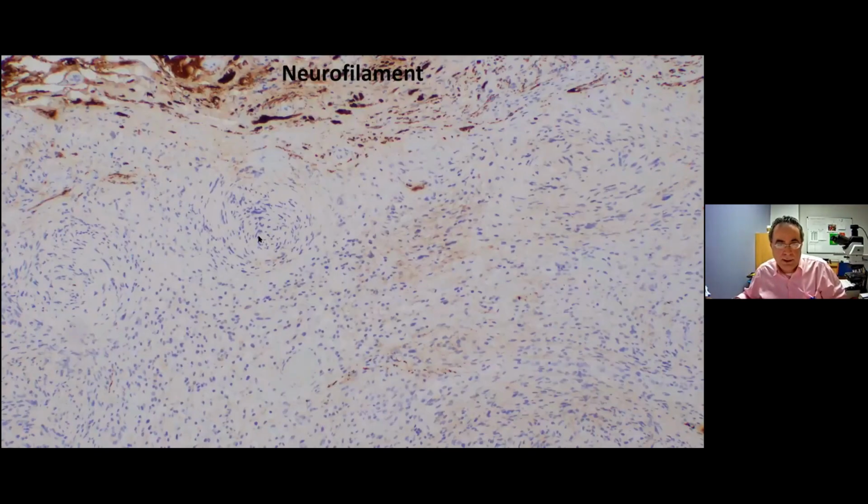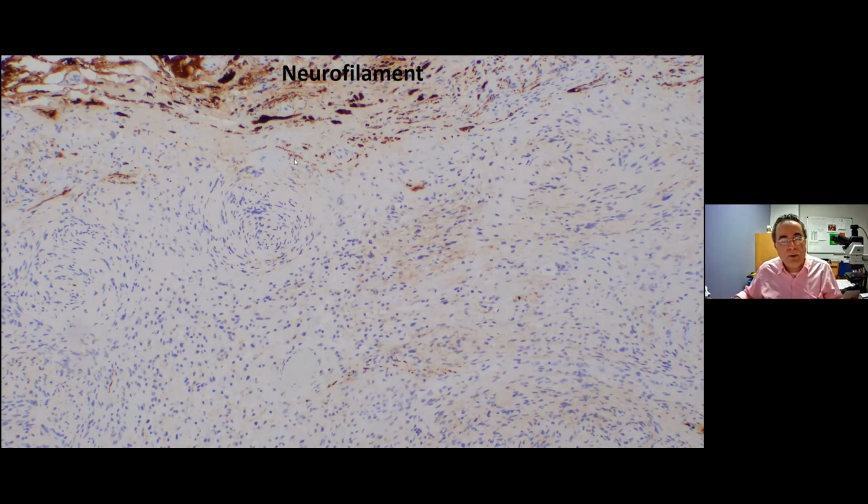Now, how do we know this is a schwannoma and not a neurofibroma? This is the neurofilament. Neurofilament stains the axons. Remember that schwannoma is a nerve sheath tumor, and therefore it arises from the periphery of the nerve, does not involve the nerve itself, and therefore you shouldn't expect to see axons within a schwannoma. However, in a neurofibroma, which is a tumor of the nerve itself, you would expect to see entrapped axons within the tumor.